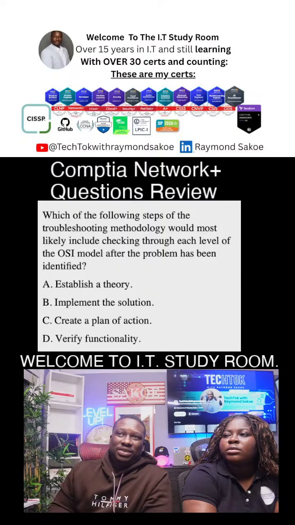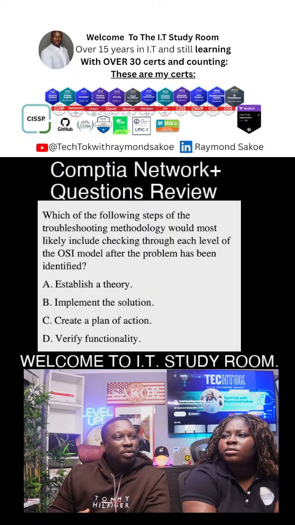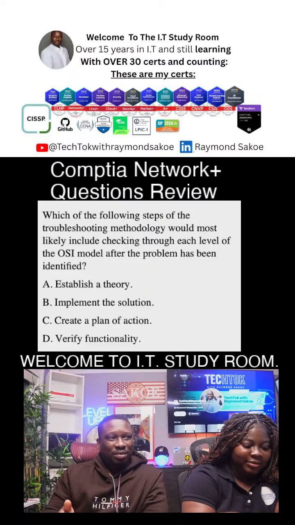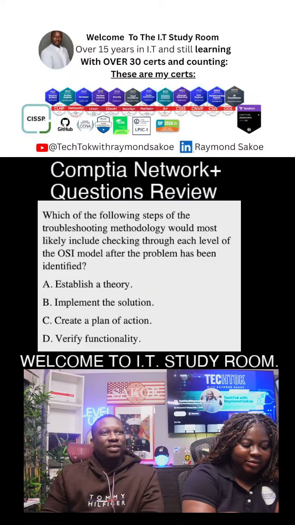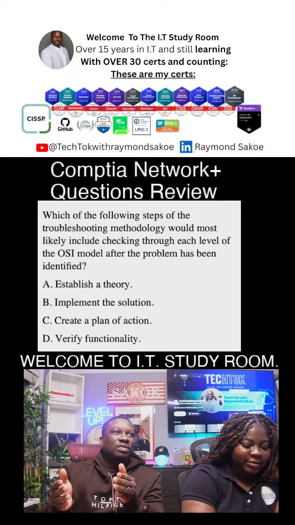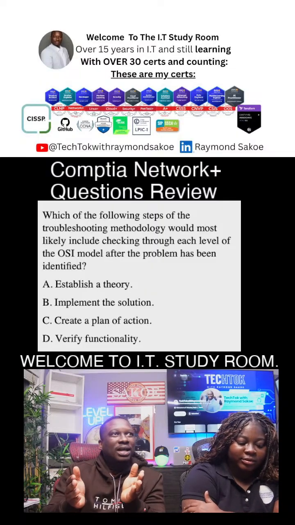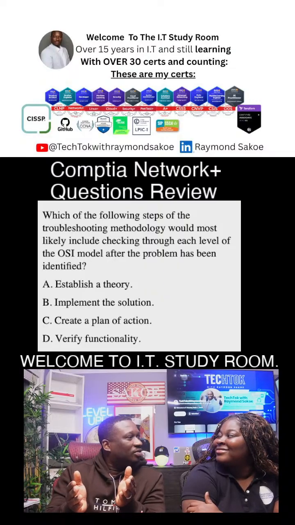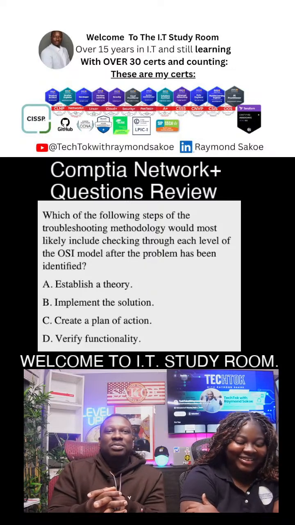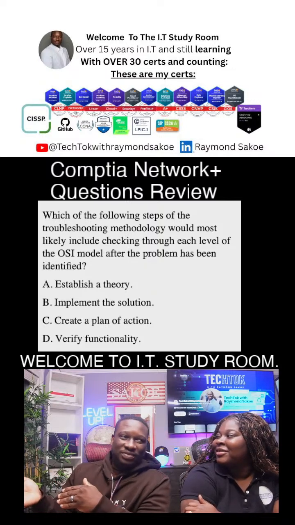The next step is to establish a theory of probable cause, right? So as a technician, if someone says that they have an issue and then you identify the problem, you might be thinking of possible ways or which avenue... I'm drawing a blank. But basically, what are the possible causes of this specific issue, right?